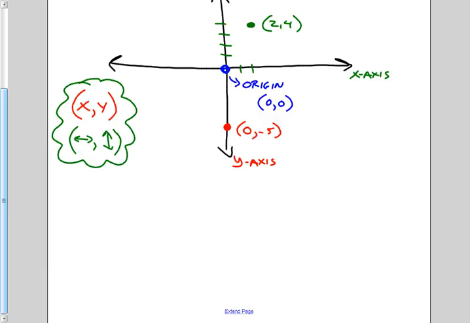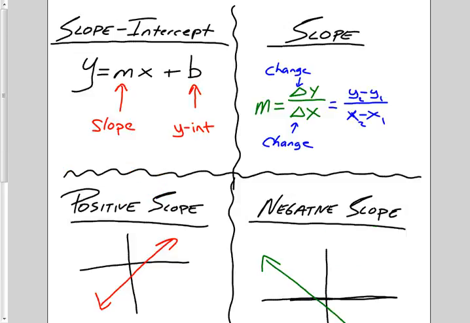I could have over here a point -5, comma, 0. And that would be the x-intercept, because that's where it crosses the x-axis. Why do I bring up y-intercept? Because we already have a note here about this. That y-intercept is going to tell you where to start on the graph. The slope, more or less, can tell you how to move from point to point.